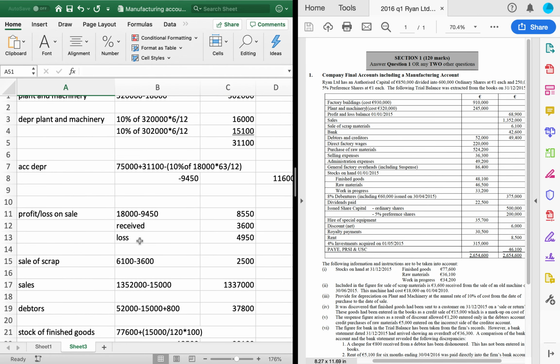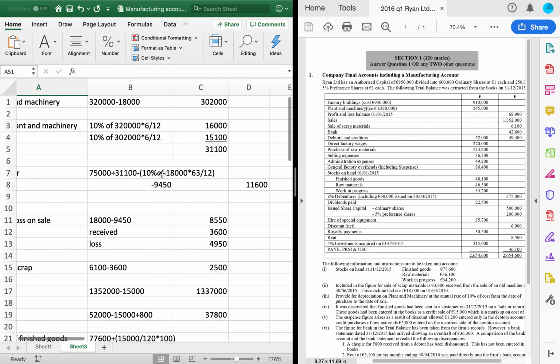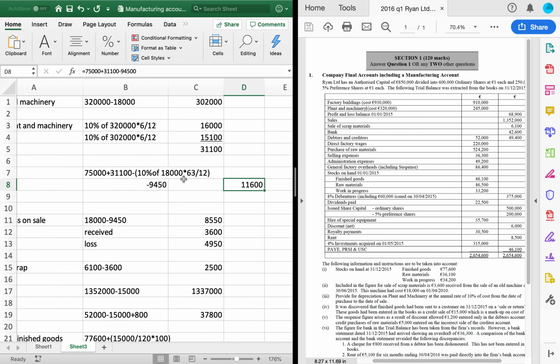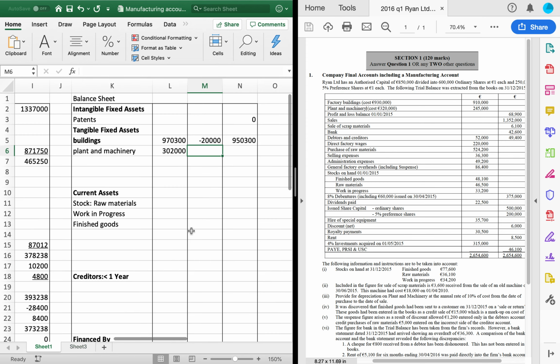Your accumulated depreciation should be, that's not 11.6, what the hell. So 96,650. So we'll take that away. 205,350. There's no other fixed assets, so that's us done.